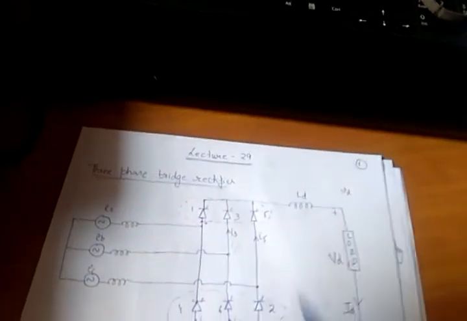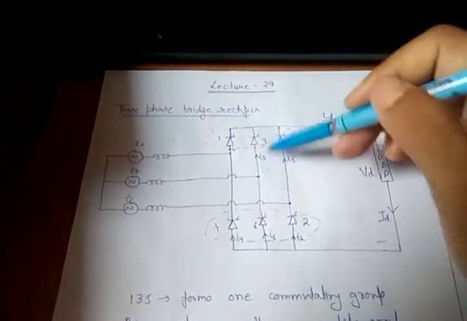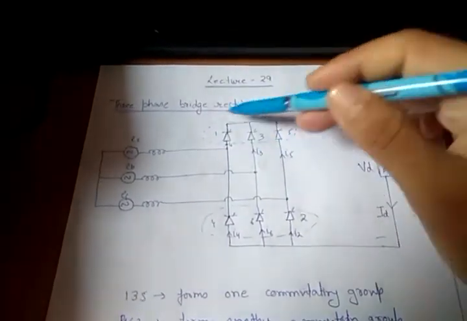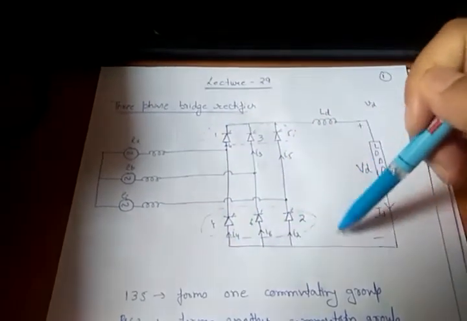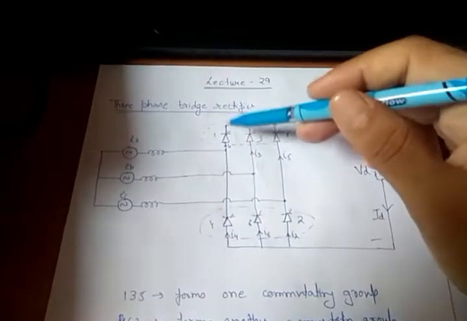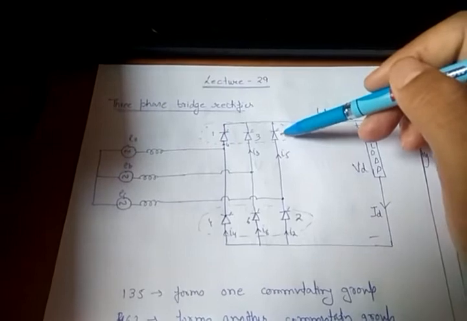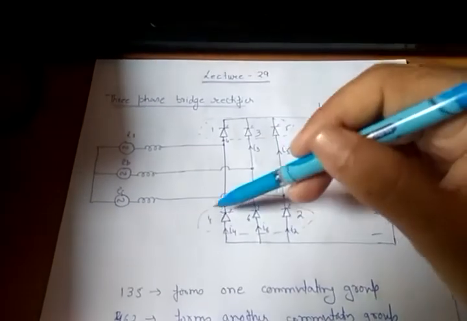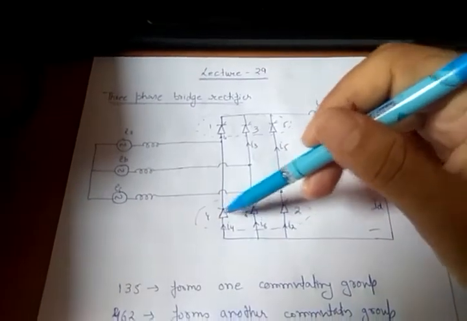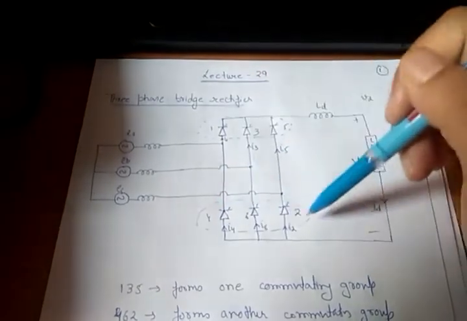However, in case of a three-phase bridge rectifier, you can see this is a converter. This is a group of valves: 3 valves on the upper side and 3 valves on the lower side. So I can say that 1, 3 and 5 form one commutating group, and 4, 6 and 2 form another commutating group.